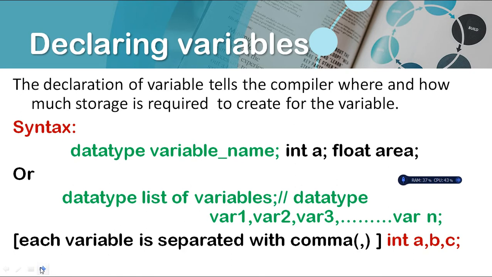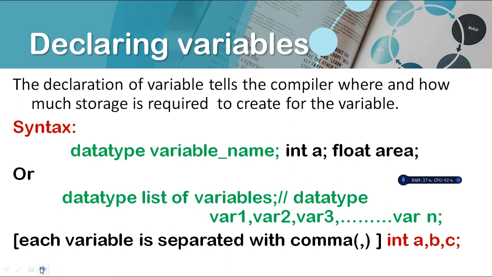So what do we mean by declaring a variable? What happens when you declare a variable in your programming language? The declaration of a variable tells the compiler where and how much storage is required to store your variable. The declaration tells the compiler where it can save it, either in registers, maybe in the stack, maybe in internal storage, or on disk, right?